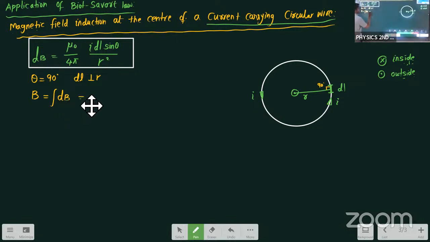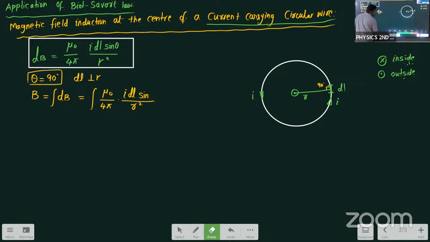So this will become the integration of mu naught by 4 pi into I dl sin theta divided by r square. Let me consider the value of theta as 90 degrees, so I am substituting that value here itself. So sin 90 degrees.